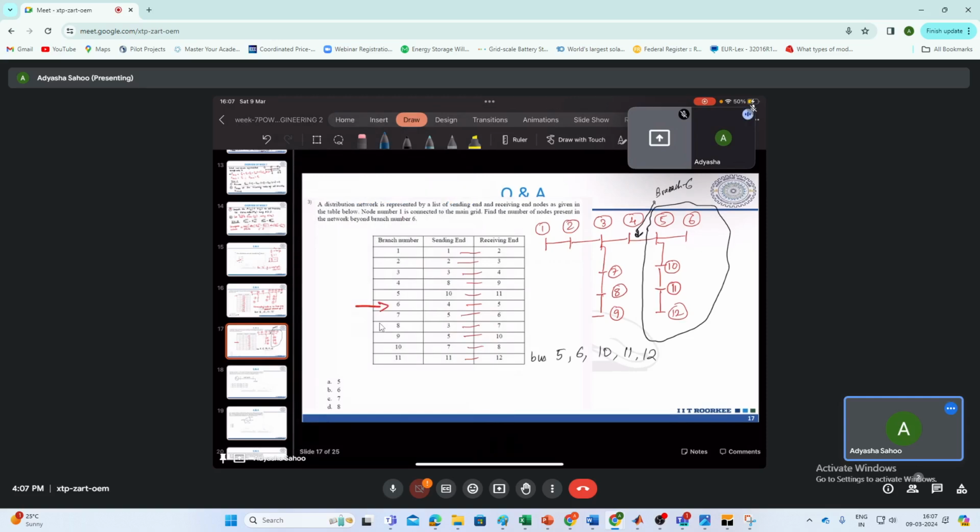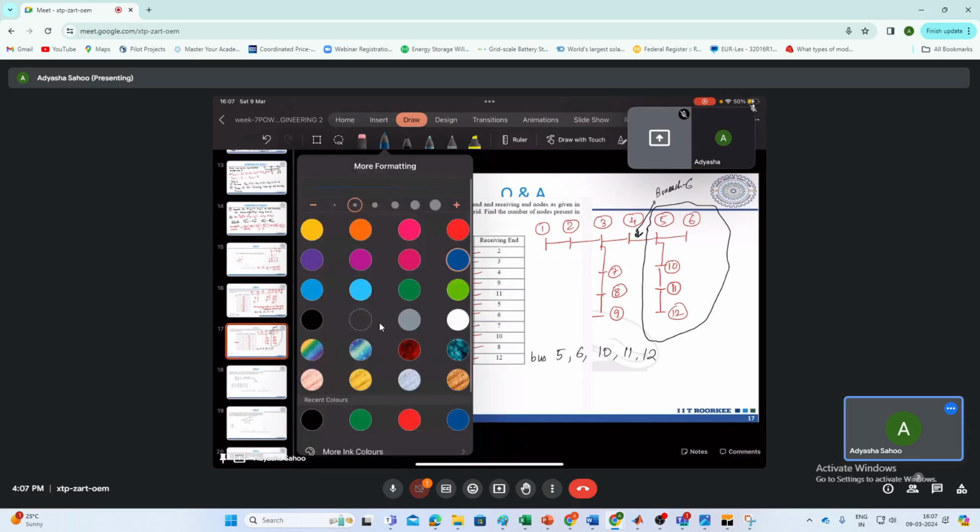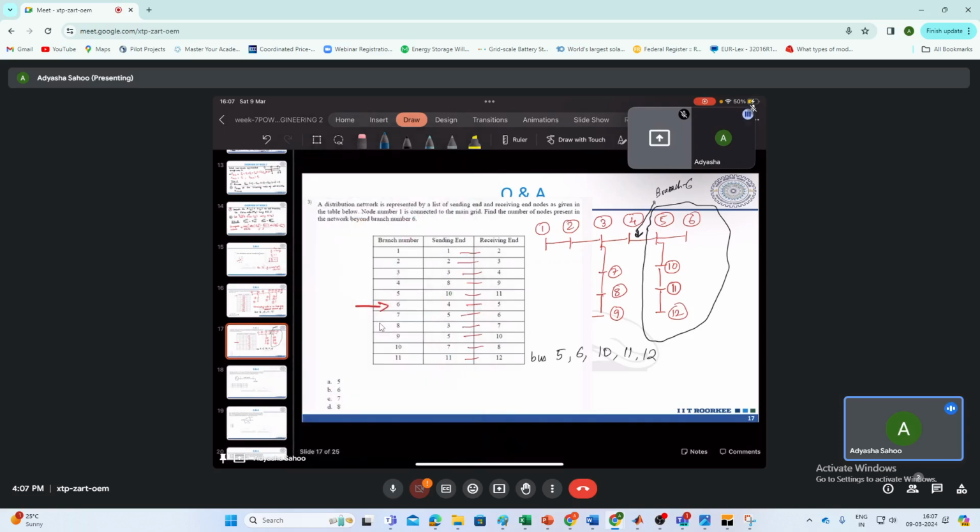How many are these? 5. So 5 nodes are present beyond branch 6.